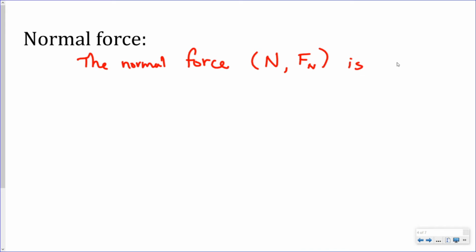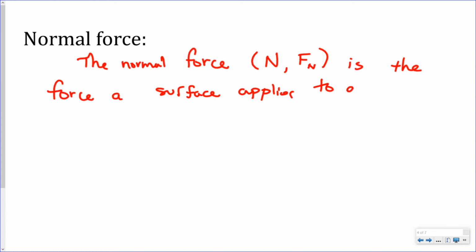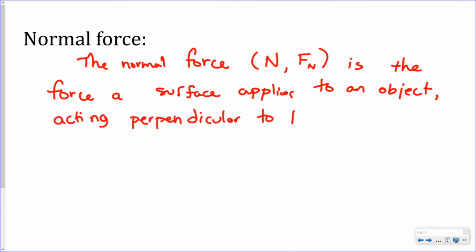So the normal force is the force a surface applies to an object, acting perpendicular to the surface.